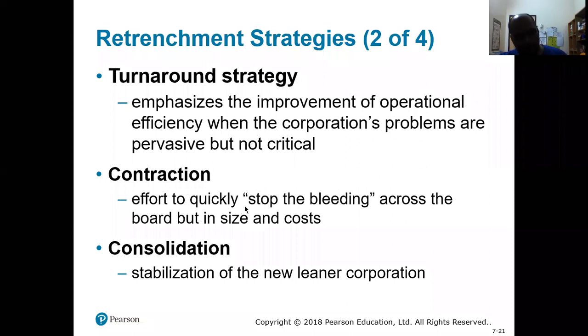All right, the third strategy is the consolidation strategy. Basically it is an attempt to stabilize the new leaner corporation. What does it mean by a lean organization? By the definition of the word, lean means you are slimmer, thinner, lighter.